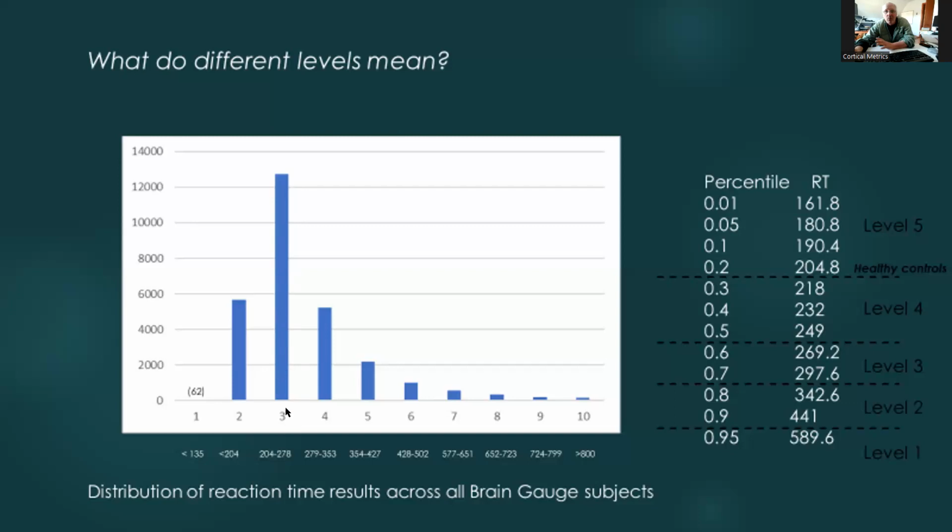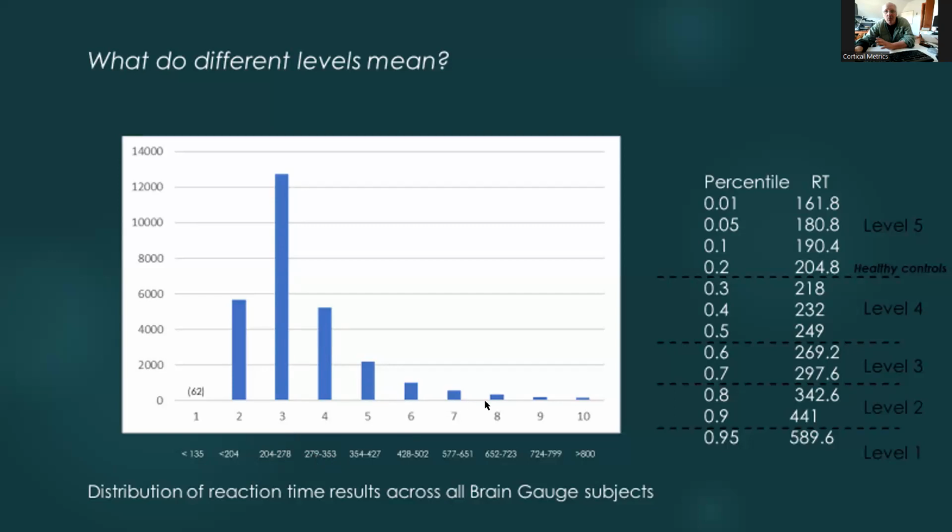The biggest number of people that have tested were in the 204 to 278 range. Yes, that is slower than the normative value, but if you test at 278, you're going to be somewhere in level three. 279 to 353 is again around 5,000 people tested there.